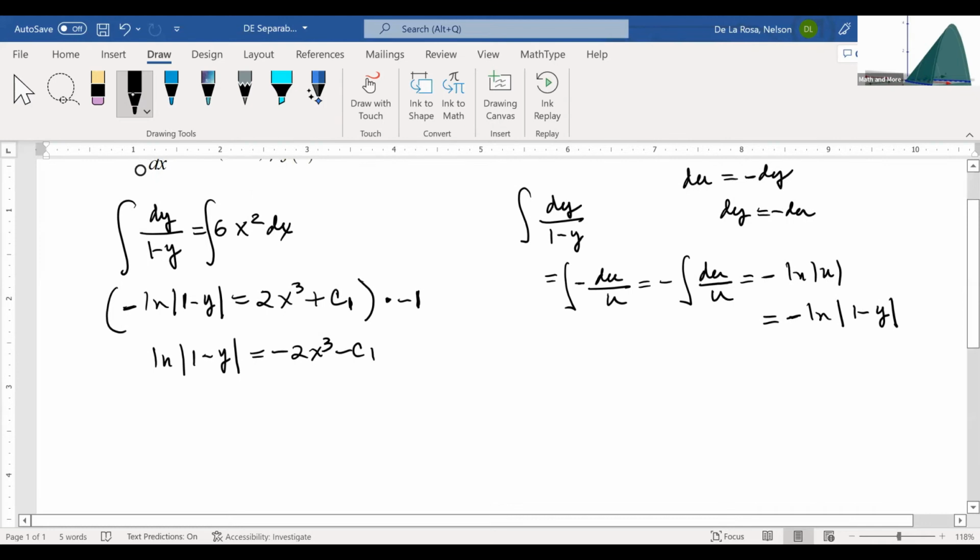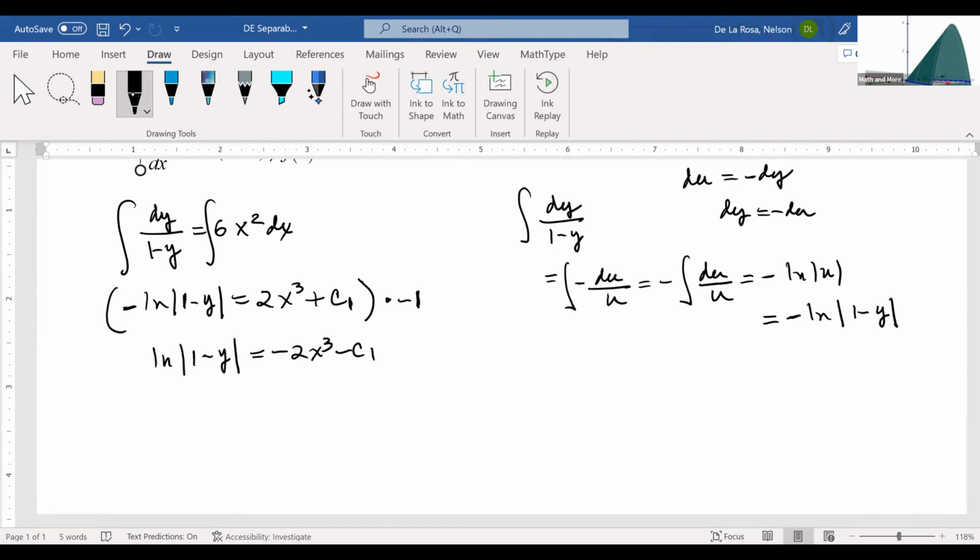So it is now the moment to try to isolate the dependent variable, which is y in this case. So we're going to exponentiate both sides. We have e to the ln of |1 minus y| equals e to the negative 2x cubed minus C1.